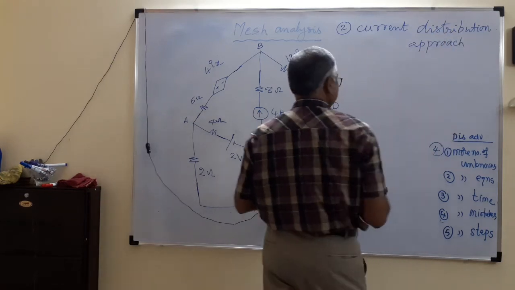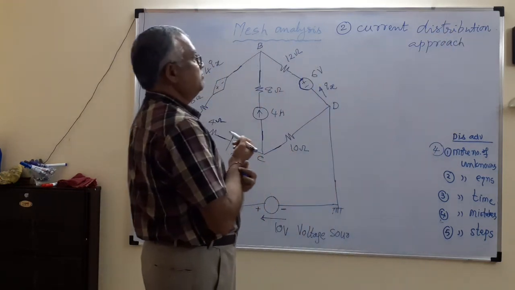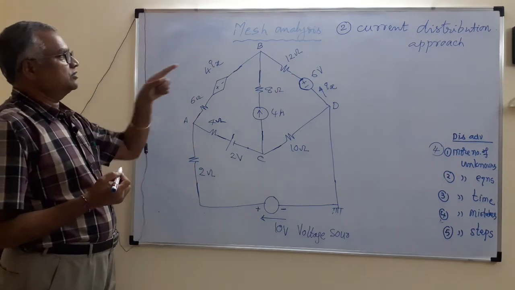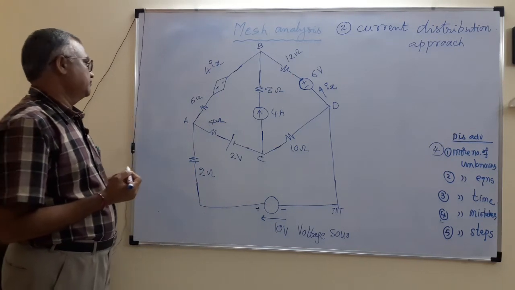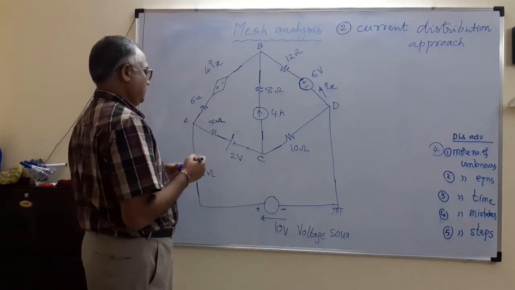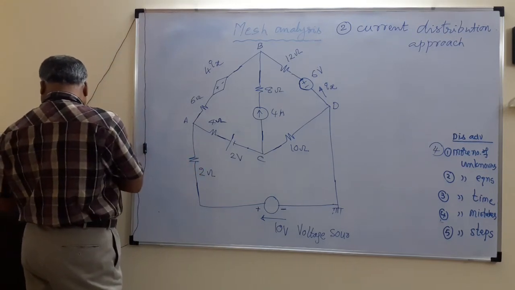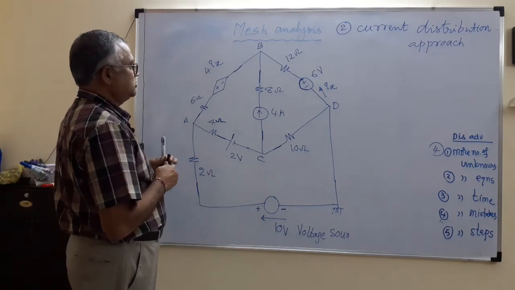Most of you don't know this. It is the best method for GATE, IES, all competitive examinations. It is really helpful. You can save a lot of time. Now let us look at this method. It's very simple.